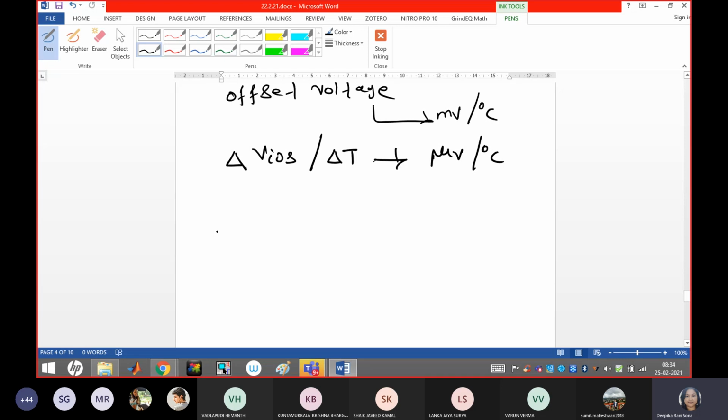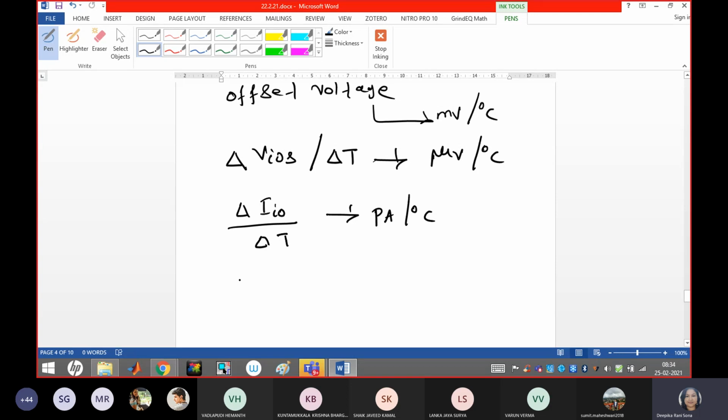The same concept is applicable for the input offset current. This will become del IIO divided by del T in picoamp per degree centigrade.